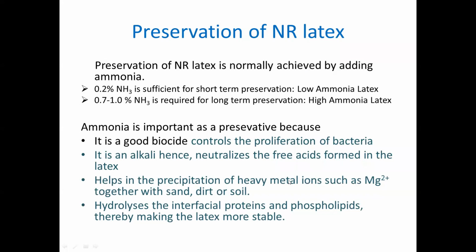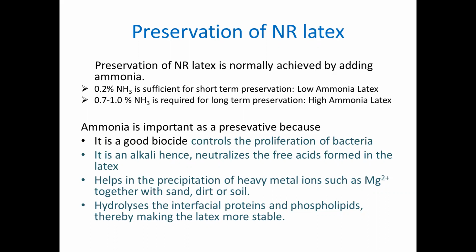Now, if the protein layer is damaged by the formation of H+, then preservation should be removal of H+ from the medium. So what we do is simply adding a base, which is usually ammonia, the best preservative up until now that has been found.